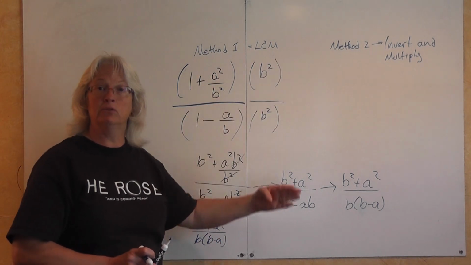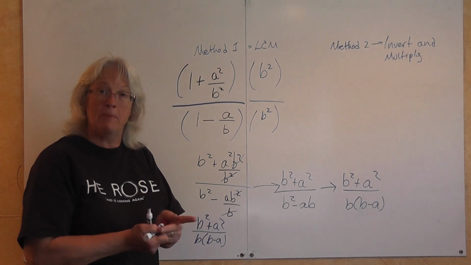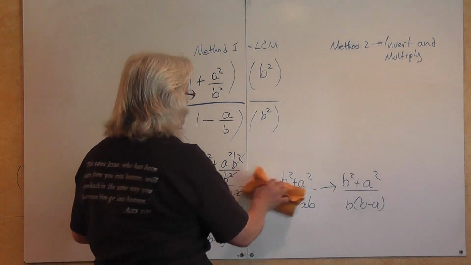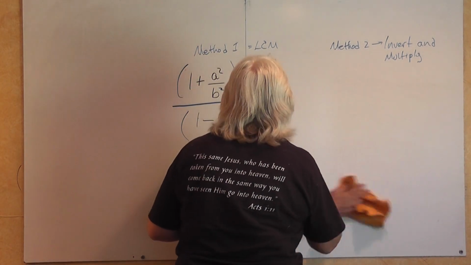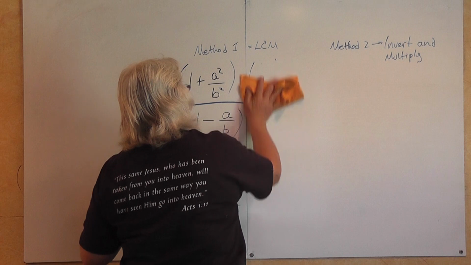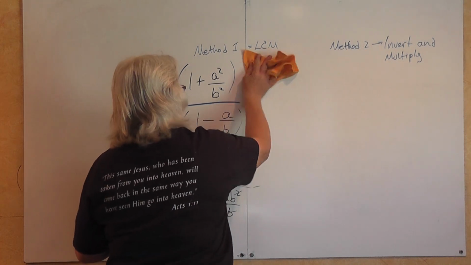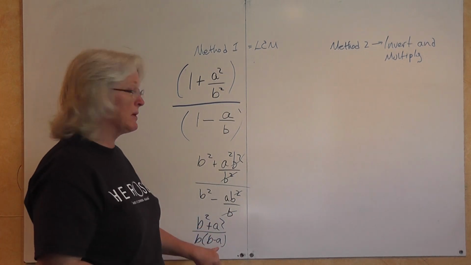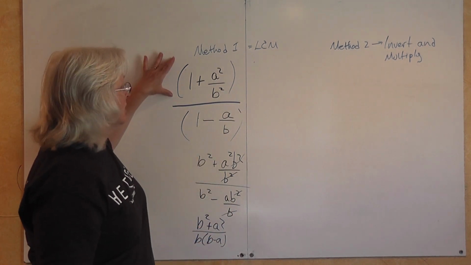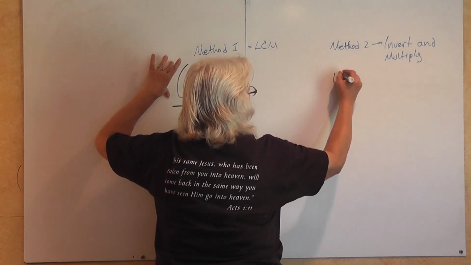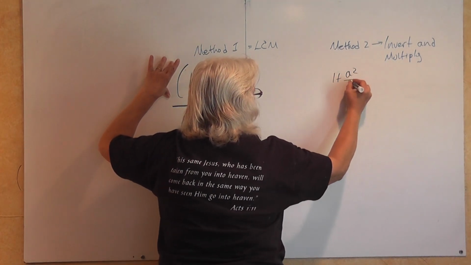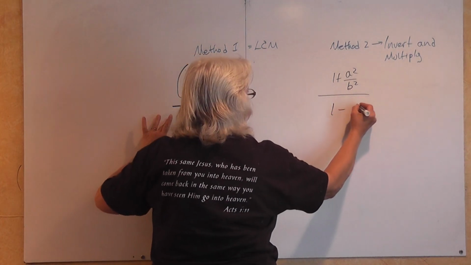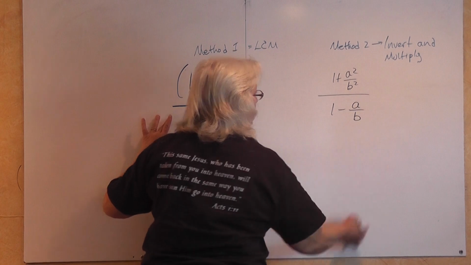Now we're going to go ahead and do our second method of solving this problem. I've erased part of the work, but that's all right. I'm concerned about the solution. In our numerator, we have 1 plus a squared over b squared. In our denominator, we have 1 minus a over b.